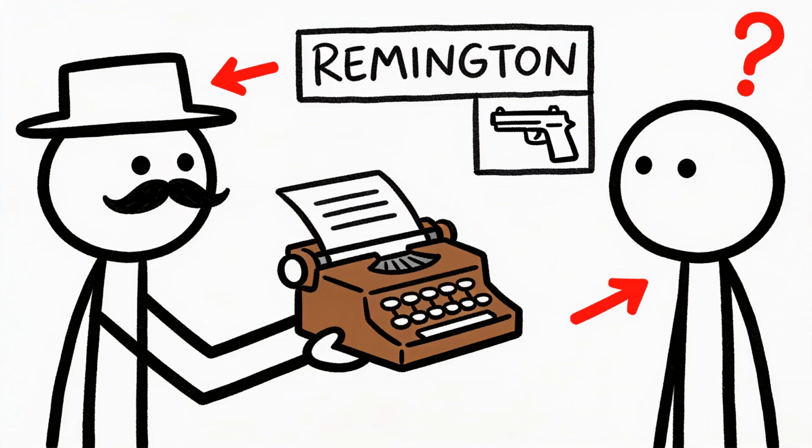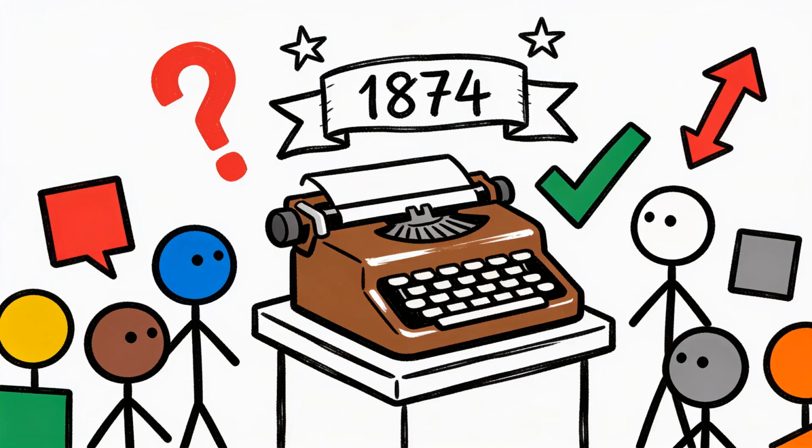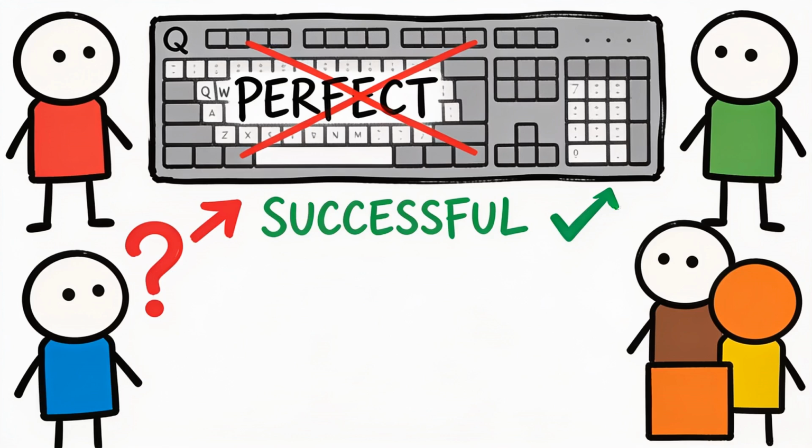By the early 1870s, Sholes sold his invention to Remington, a company better known at the time for making firearms than office equipment. Remington refined both the machine and the keyboard before releasing the first commercially successful typewriter in 1874. And that's where something fascinating happened. The keyboard wasn't instantly perfect. It was simply successful.